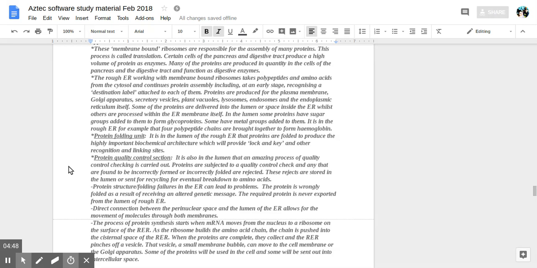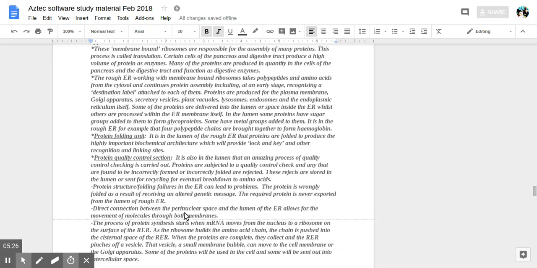A direct connection between the perinuclear space and the lumen of the ER allows for the movement of molecules through both membranes. Perinuclear means the space between the outer membrane and the double membrane of the nucleus, the space between the double layer.